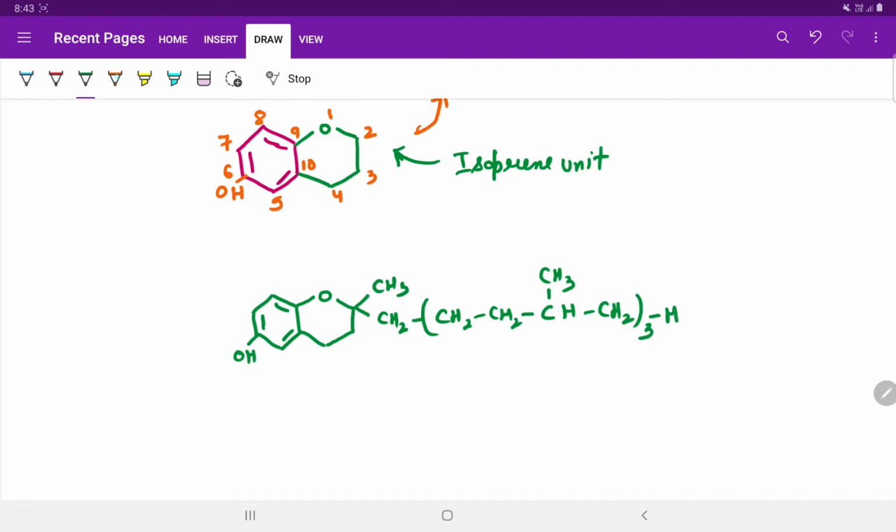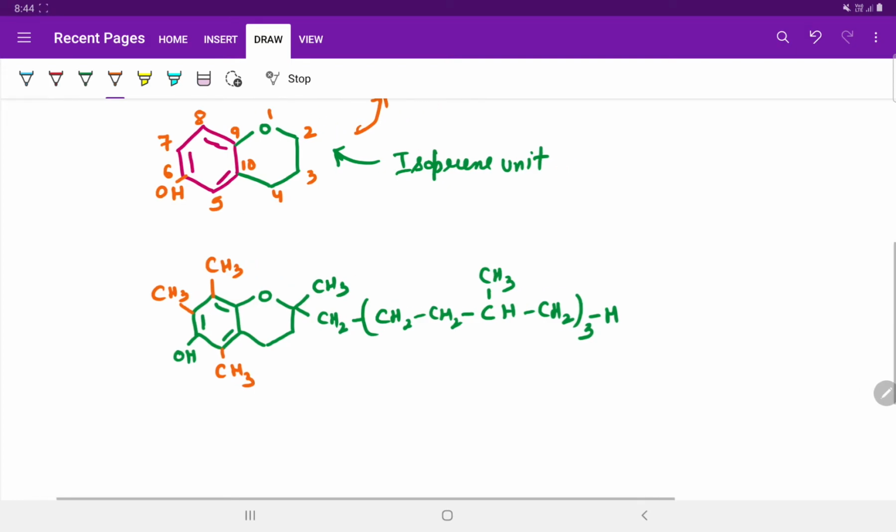Now 3 methyl groups are attached, one at the 8th, one at the 7th and one at the 5th.